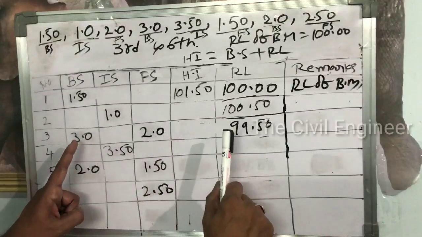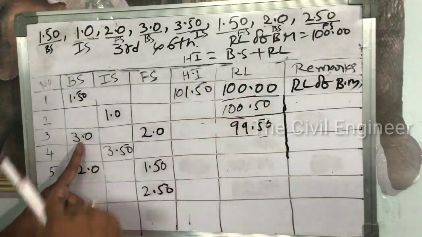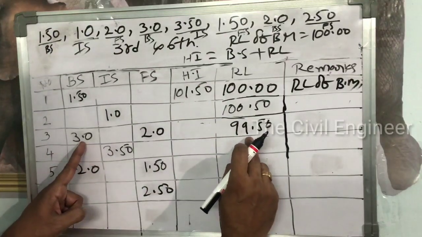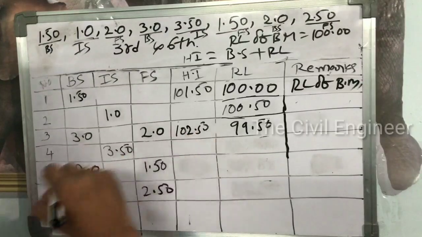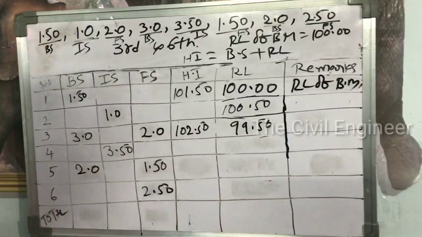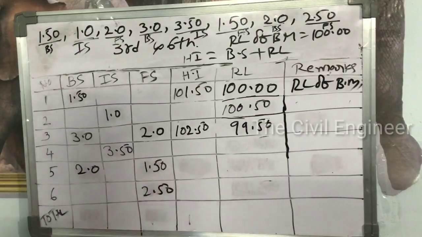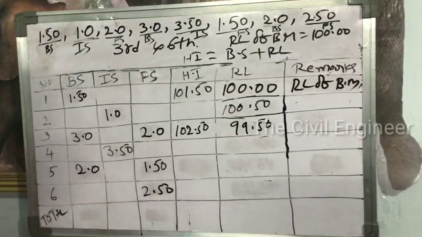But again we find the backside and RL. Whenever there is backside and RL, there is another height of instrument. So here 3 plus 99.50 is equal to 102.50, another height of instrument value. Again the same process, HI minus IS, HI minus FS.